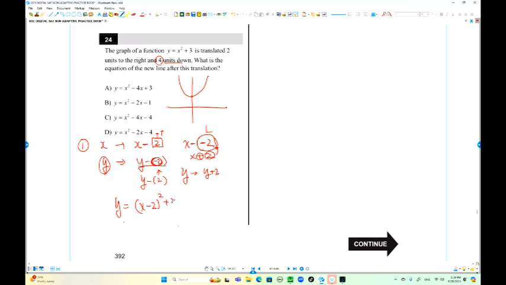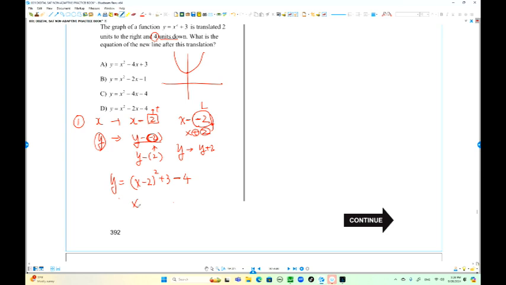We still have a 3. And 4 units down is minus 4, right? Yeah, to the right-hand side. That's it. Now simplify this one. X squared minus 4x plus 4 plus 3 minus 4, right? So the 4 is out. Y equals x squared minus 4x plus 3 is the answer, okay? We have option A is correct.